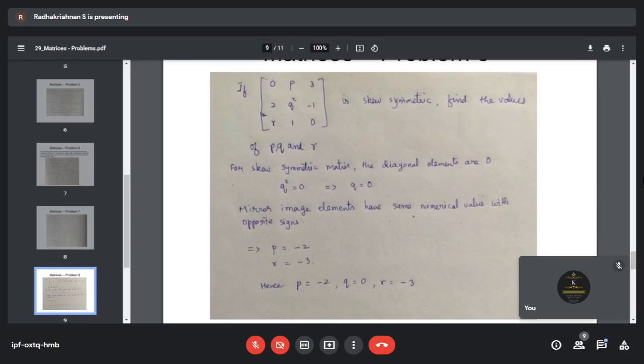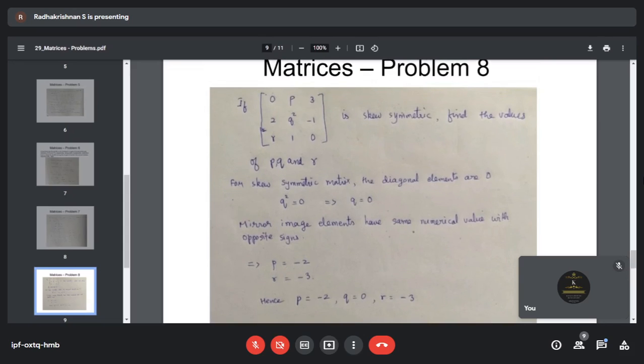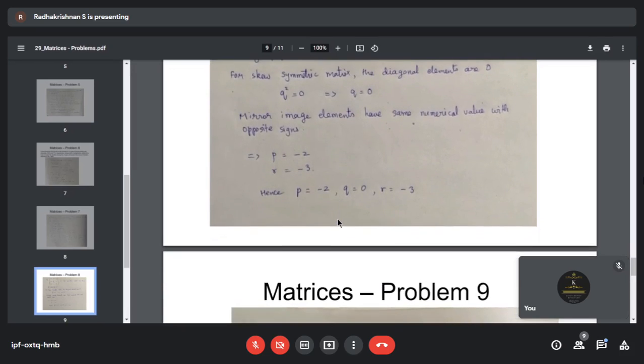Skew symmetric means diagonals have to be 0 and the mirror image elements have the same numerical value with opposite signs, one being the negative of the other. Okay. So let me go to the next problem.